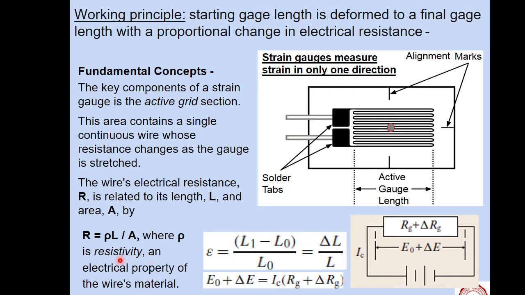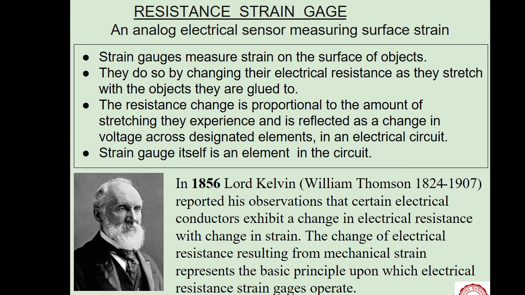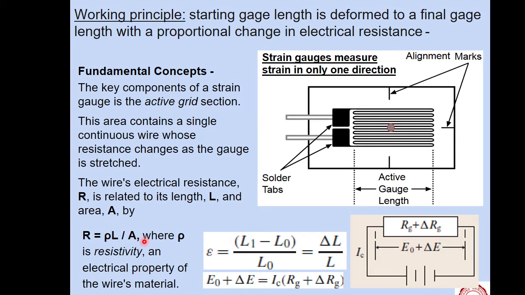And then what happens when this particular strain gauge, this is a conductor, is in a strain field? Its resistance will change. So this is what Lord Kelvin has observed. Now we have to find out what is that change in resistance. Now you see what happens if this strain gauge is part of an electrical circuit like this.